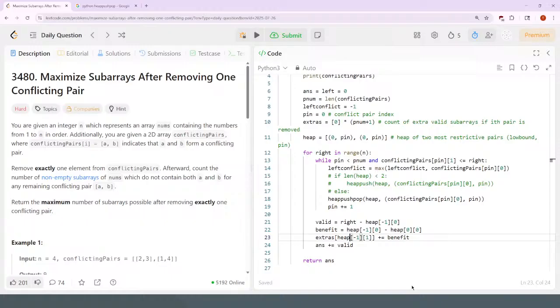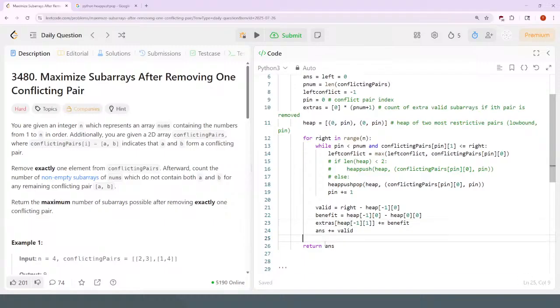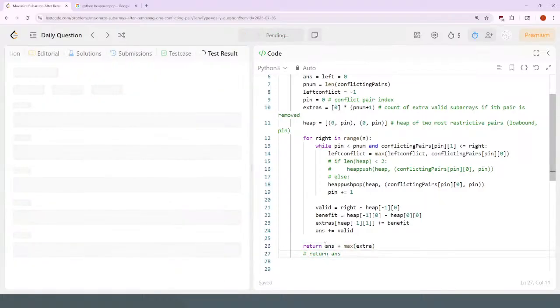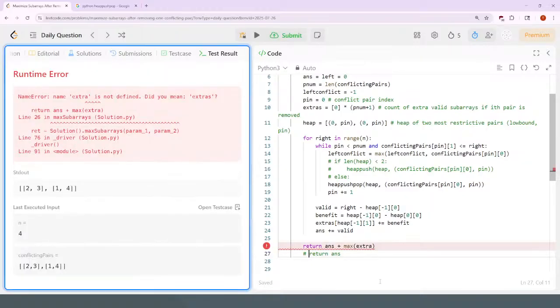Extras, heap, that's the pin. Okay. And then the answer is incremented by the valid each time. Then I'm going to return the answer plus the maximum extra benefit for removing any single one. No, it should be extras.